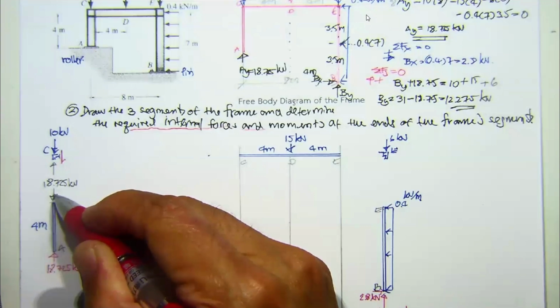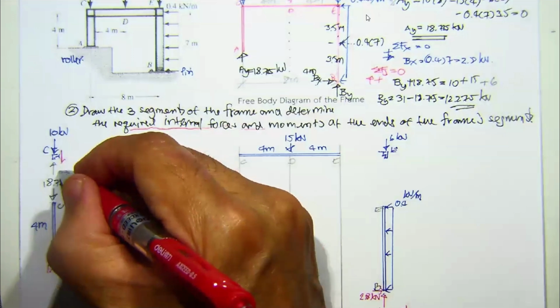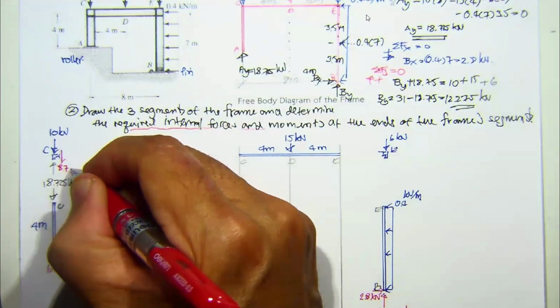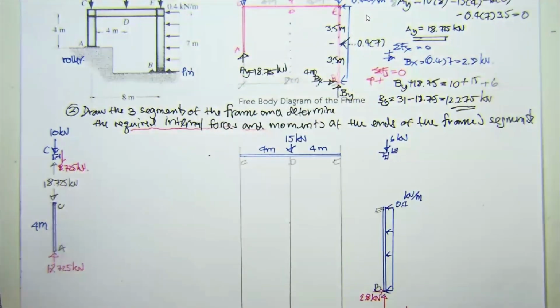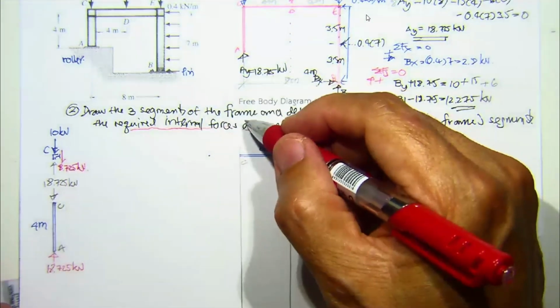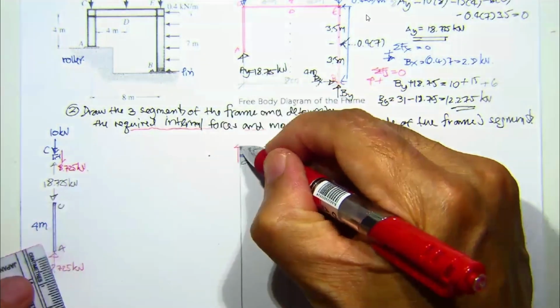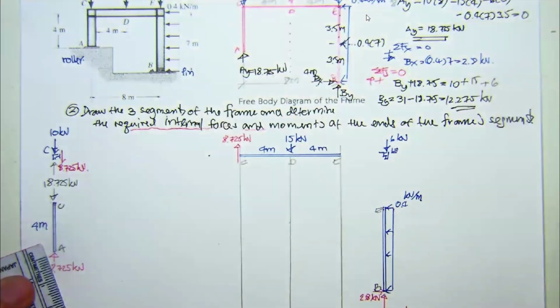Right? Like the previous one. And this one, you should have this one in balance. This one should be 8.725 kilonewton. You may not need to do the calculation. I believe you guys learned a lot. You should know about it. Okay. Now, the 8.725 downward will apply over here to be 8.725 kilonewton upward.